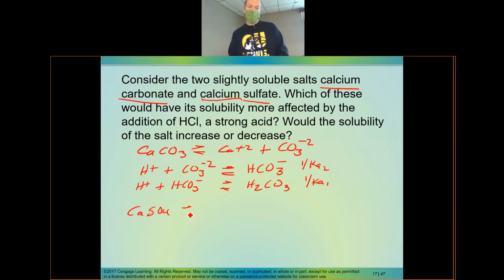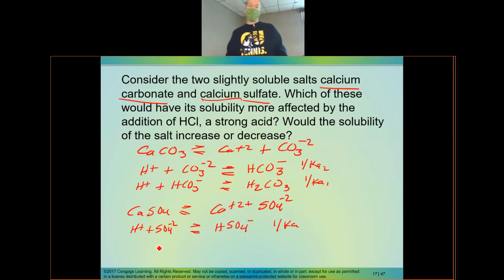When you see the other one, CaSO4 goes to Ca plus 2 and SO4 minus 2. Here you have H plus and SO4 minus 2 going to HSO4 minus, and that's 1 over Ka. Note, I'm not putting Ka2, because when you have H plus and HSO4 minus, that does not do anything.